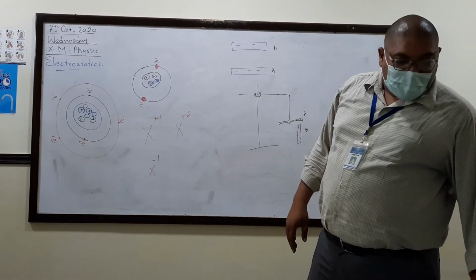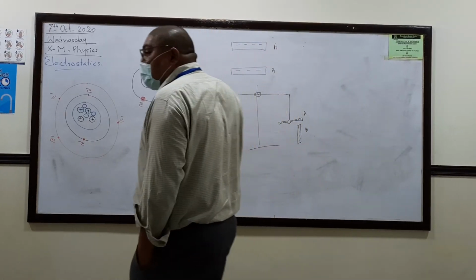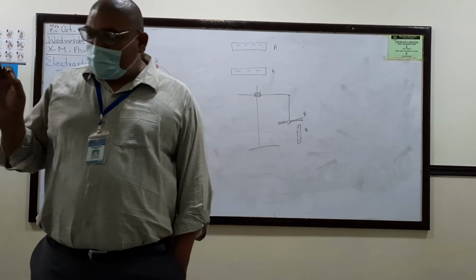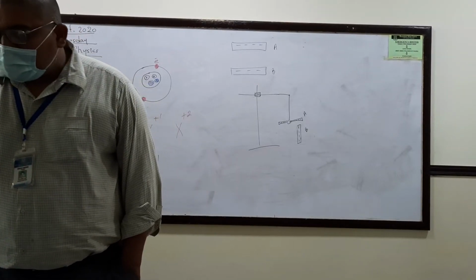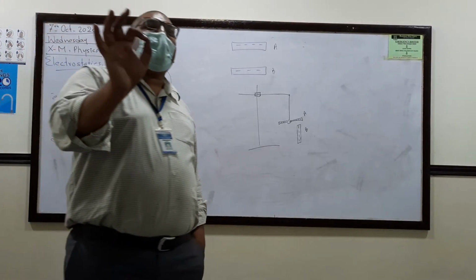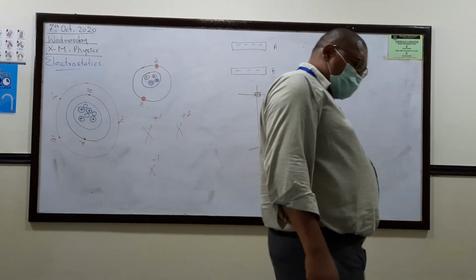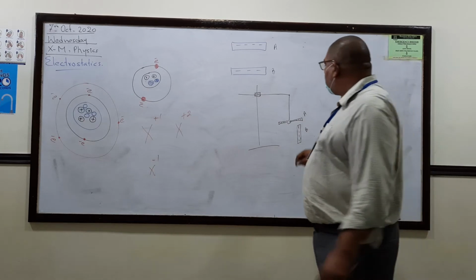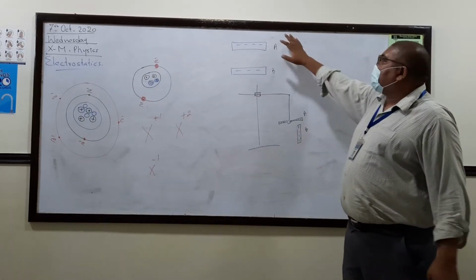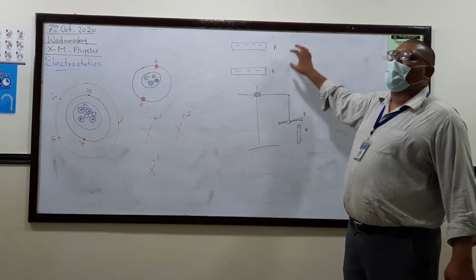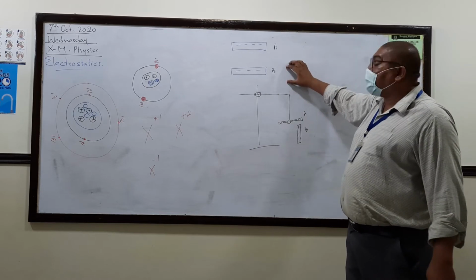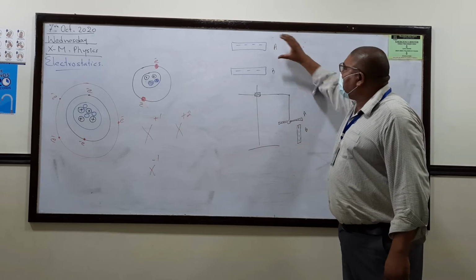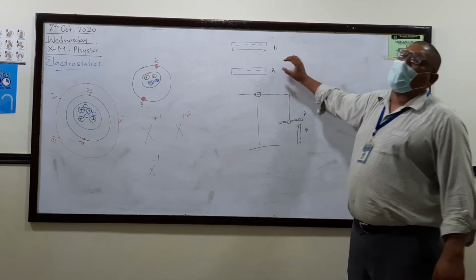You will notice that these two rods are repelling each other. You understand what I'm saying? The reason is, this is a plastic rod, this is also a plastic rod, this was rubbed with the silk cloth, and this was also rubbed with the silk cloth. Whatever the charge is here, the same charge will be here.